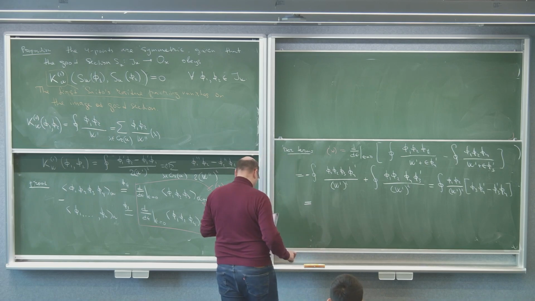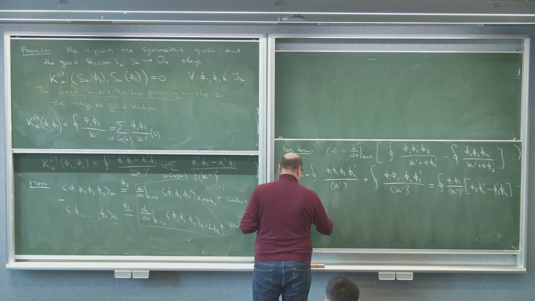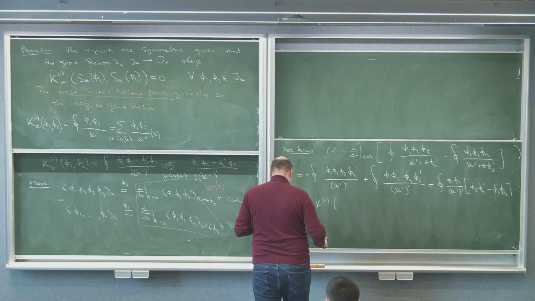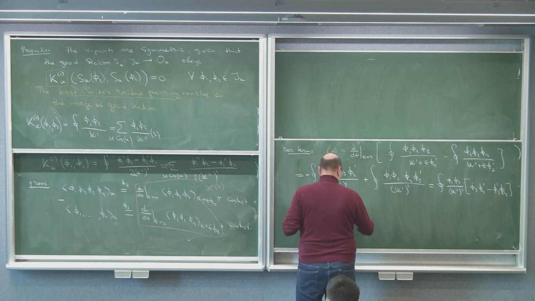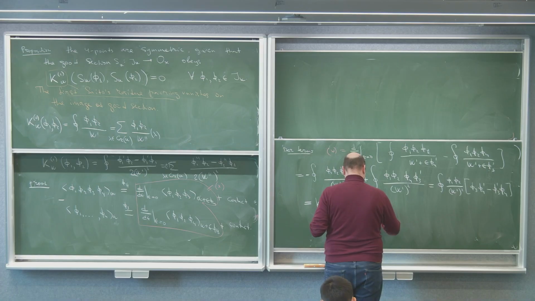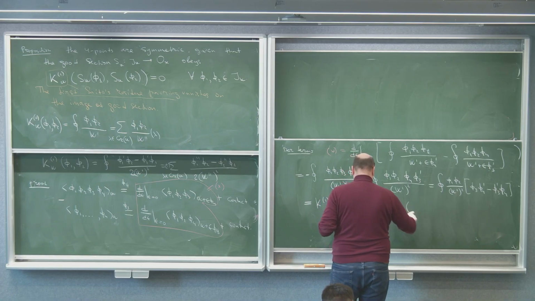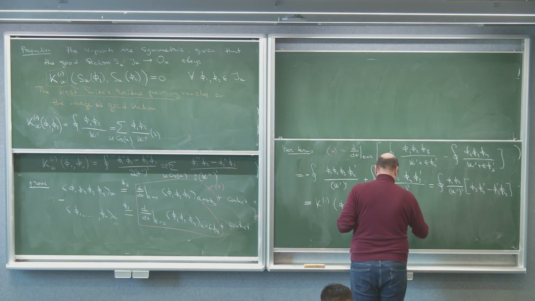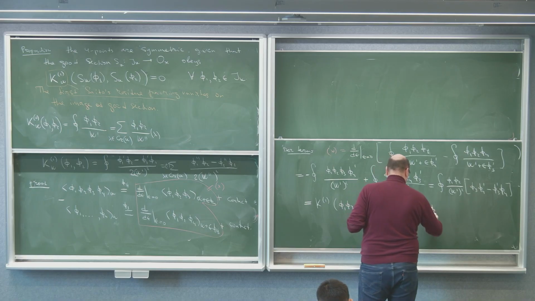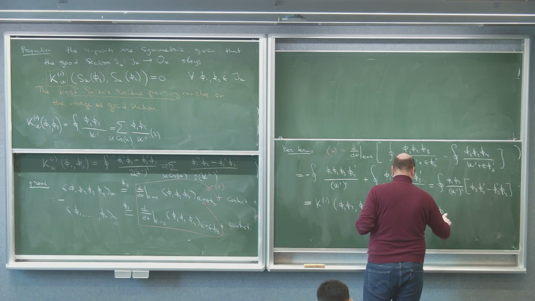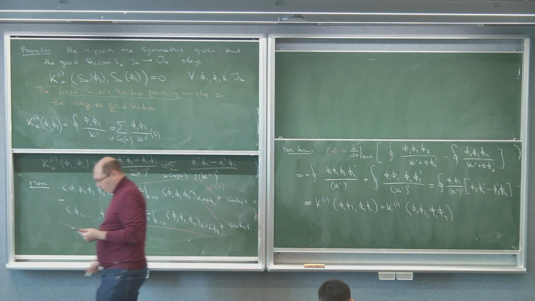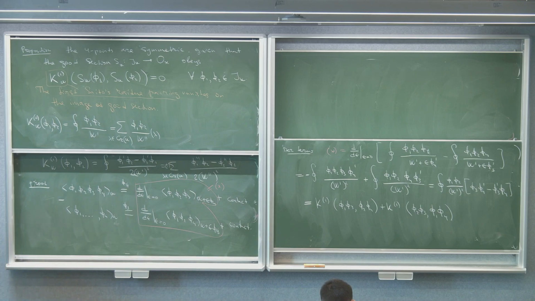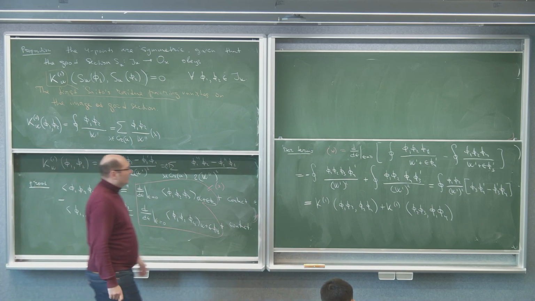Let me skip this technical detail and just write the answer. So it's phi 1, phi 3, phi 2, phi 4, K1, phi 2, phi 3, phi 1, phi 4.